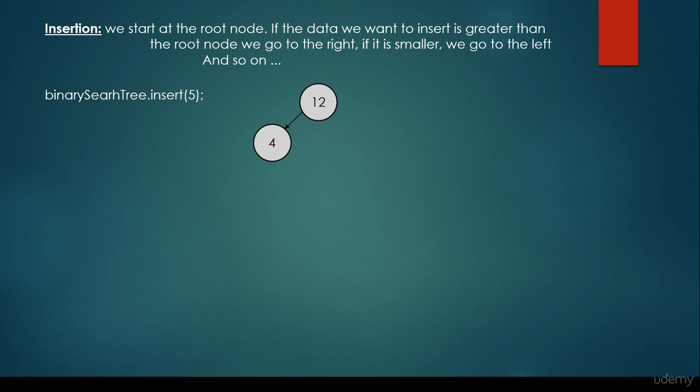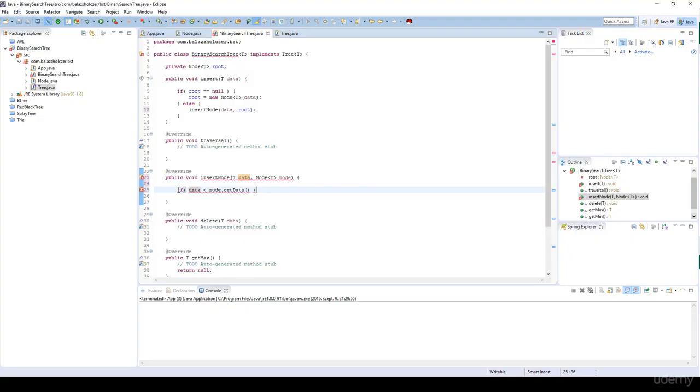What if we would like to insert 5? 5 is smaller than the root node, so we go to the left and consider the next node. Okay, 5 is greater than 4, so we have to insert it to be the right child of the 4. Okay, we have been already discussing how to insert and how to construct a binary search tree. So basically this is why we need this comparison.